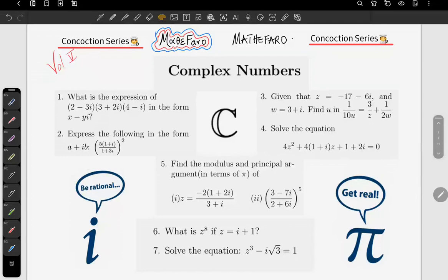This new video in the Concoction series is the first of a couple of videos where we go on an adventure into the world of complex numbers. In one of my earlier videos in the Concoction series, we already talked a little bit about the number systems.